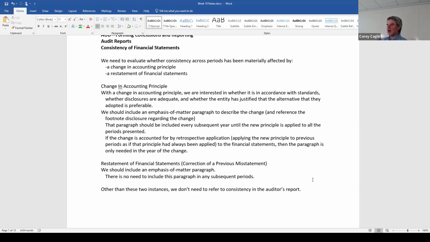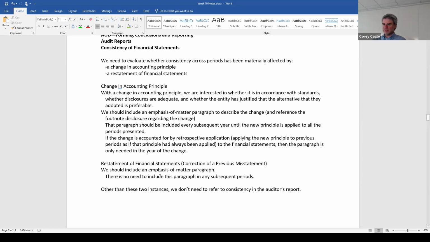But you can do a lot of different things as far as the opinion of this year and last year, and whether it was audited this year or last year. There's a lot of things you can do. So I thought that maybe during the consistency of financial statements would be a good time to mention all that.